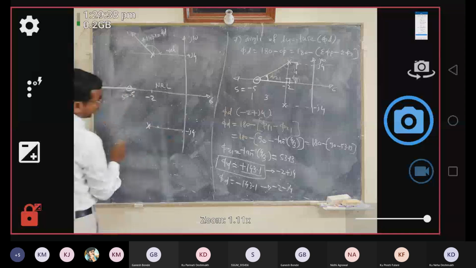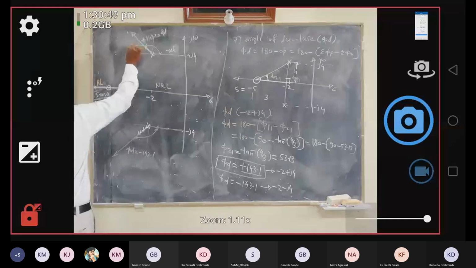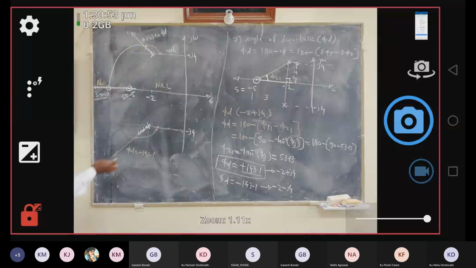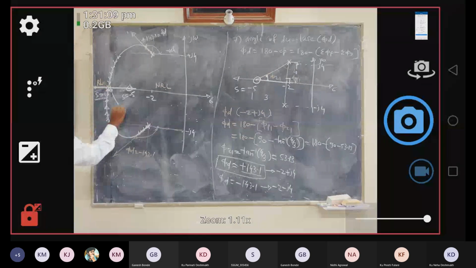So you have to draw the branch from here like this way, and you have to terminate here. So this first root locus branch is meeting over here. Okay, then this second root locus branch is also meeting over here. Okay, so therefore this is the existence of, इसको बोल सकते हैं break in point.